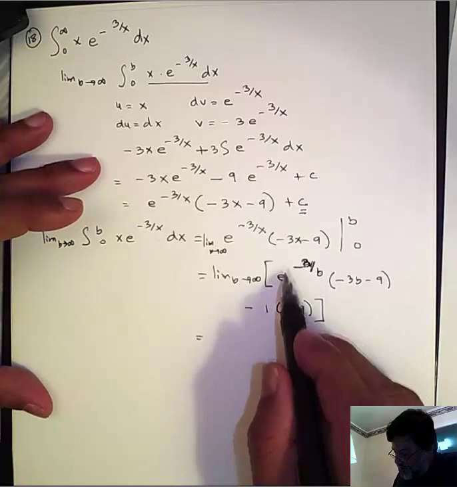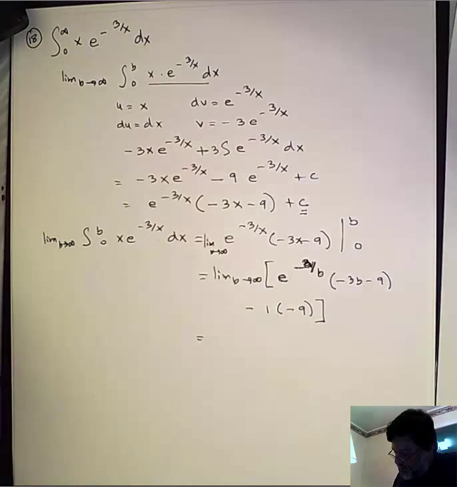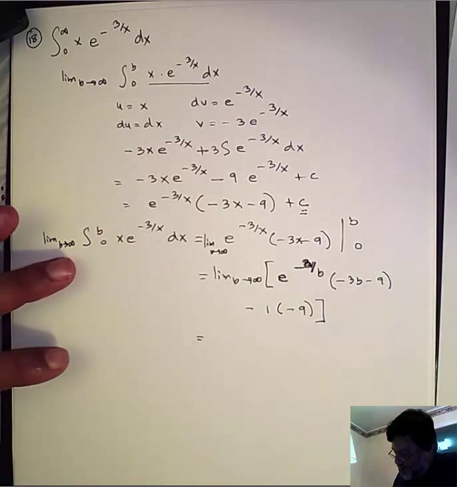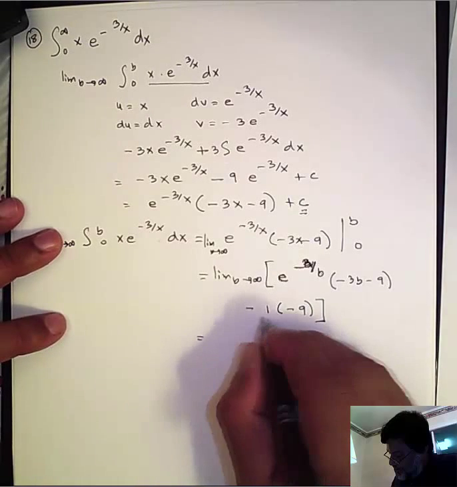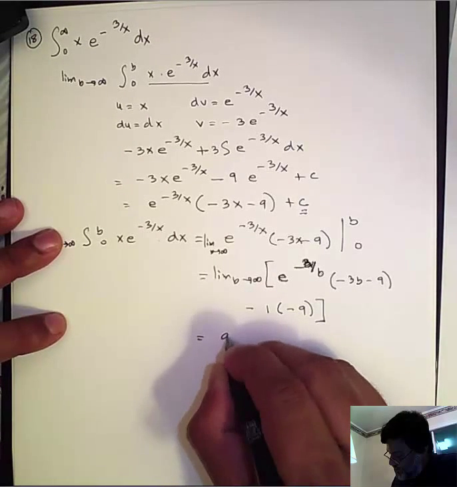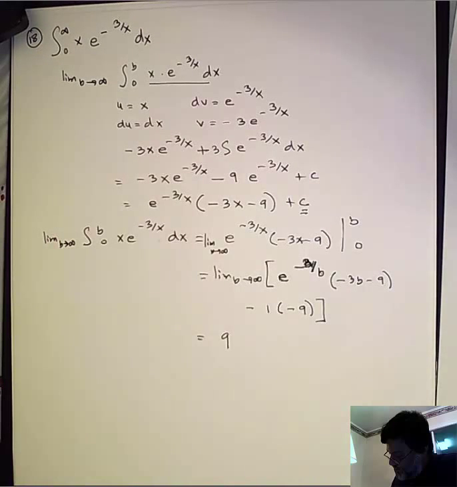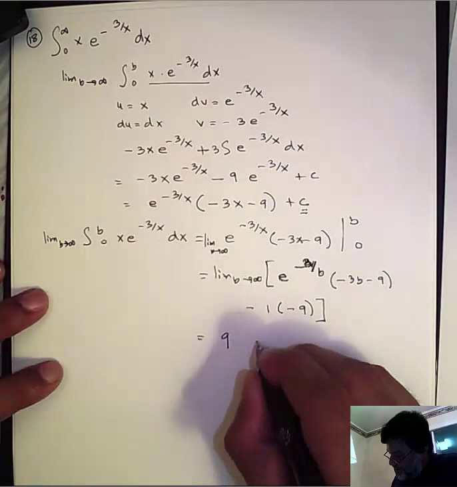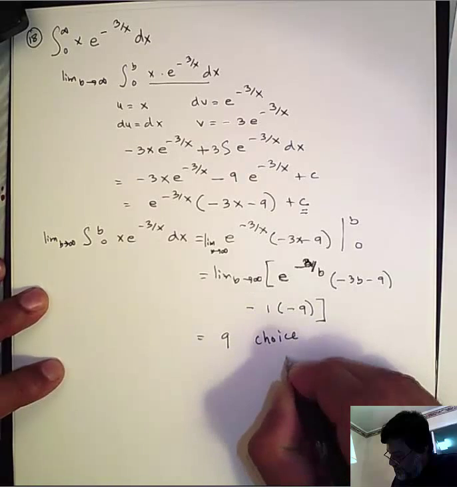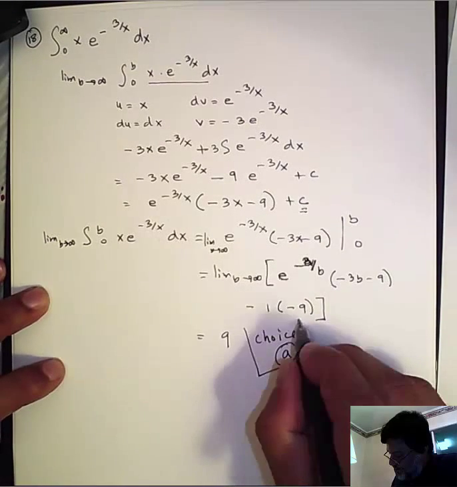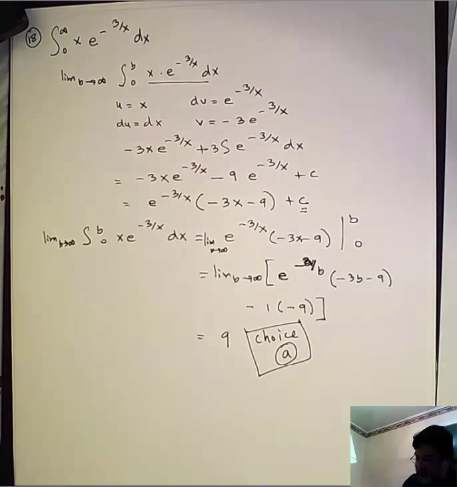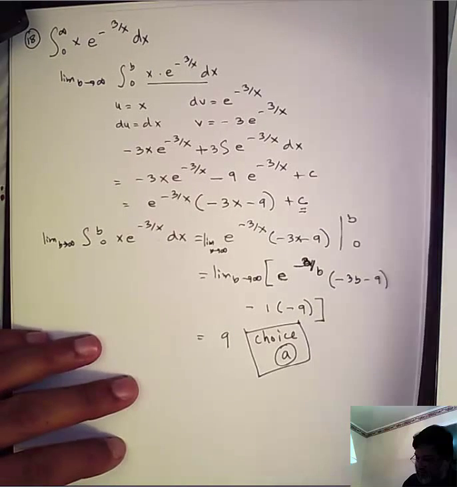Because if you look at this function right here, if you take out e to the negative 3 over b, that is 0, right? Okay, so what survives is negative times negative is positive 9, and that is choice A. Yeah, choice A. So make sure you understand what's going on here, and review, ask me questions.